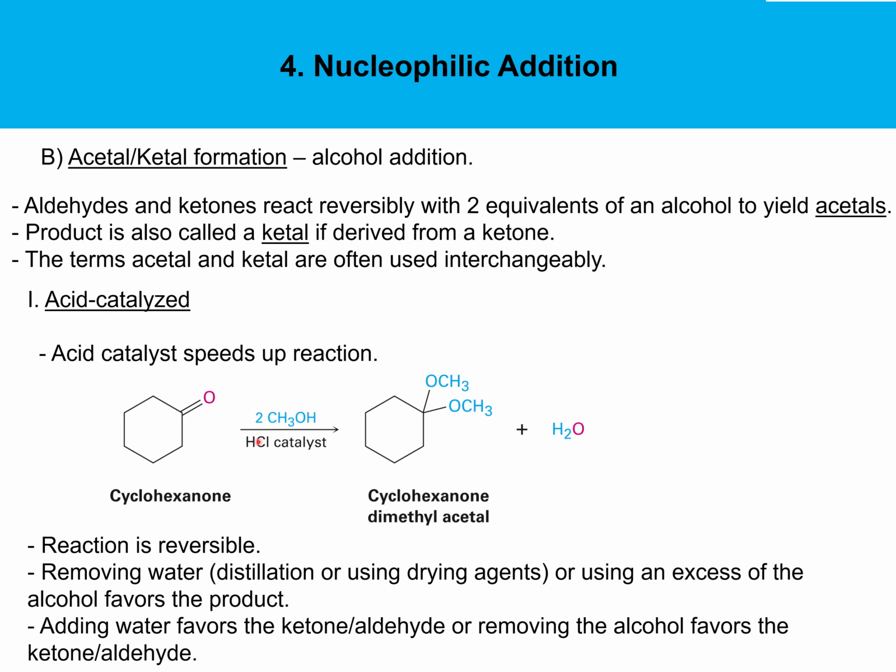If we use two equivalents of methanol and HCl as a catalyst, we can get the corresponding acetal or ketal, whichever term you want to use. Think of the product here as forming from the methoxy groups adding to the carbonyl twice to produce this acetal. The byproduct from this reaction will be water.